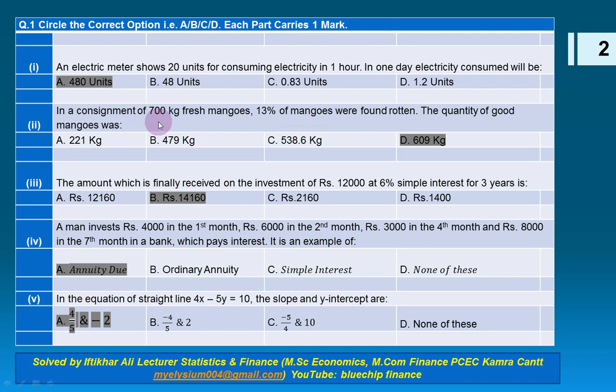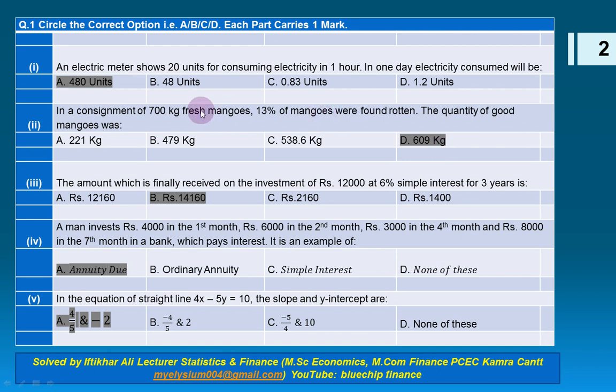Second objective is that in a consignment of 700 kg fresh mangoes, 13% of mangoes were found rotten. The quantity of good mangoes was, correct option is 609 kg.